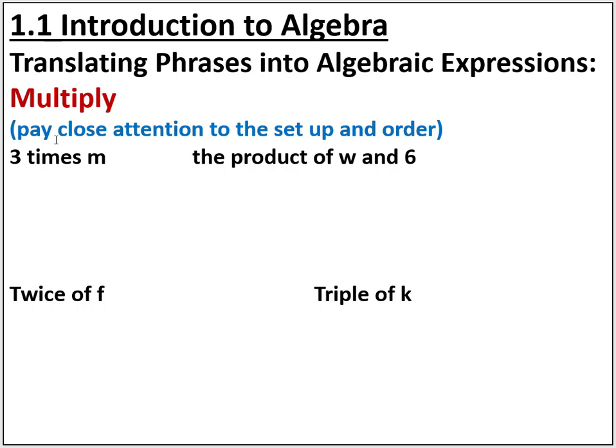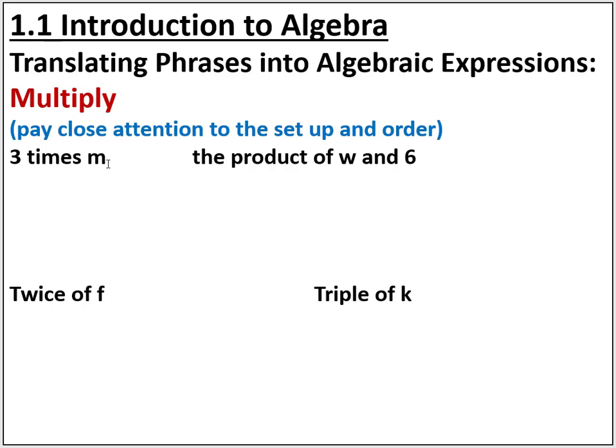It says 3 times m. Now, as I stated before, we're going to be covering multiply. So when it says times, we're going to be working with multiplication. So when it says 3 times m, in the higher level math, instead of the typical multiplication sign as we have seen from middle school, we're going to be using the dot for times or for multiplication.